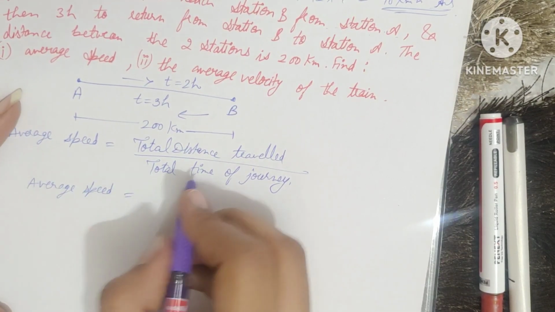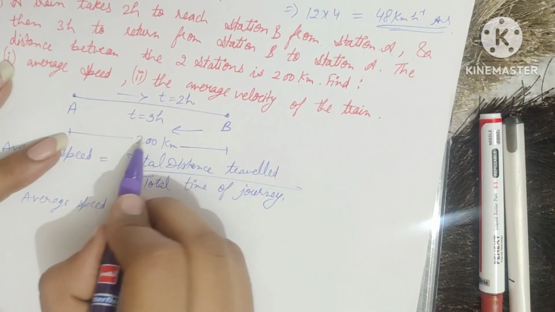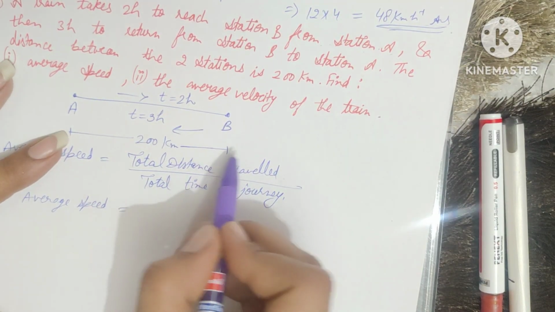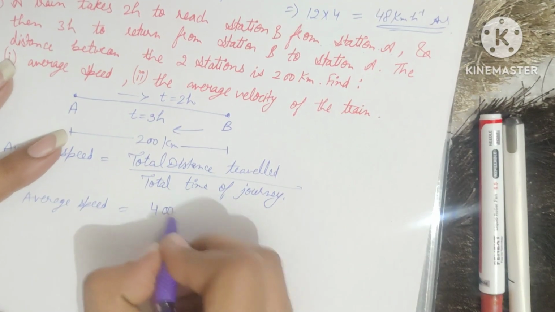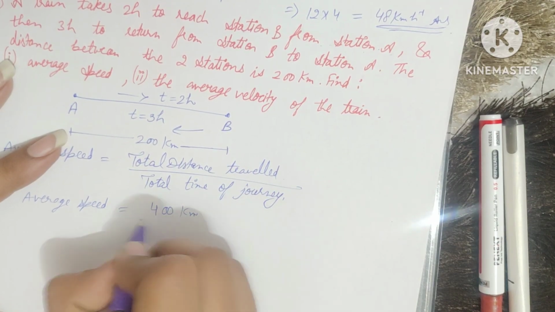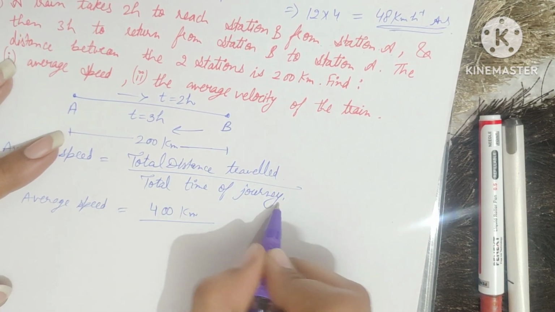So average speed is equal to total distance traveled. How much? That is 200 to this side and 200 back also. It is 400 in total. 400 kilometer divided by total time of the journey.